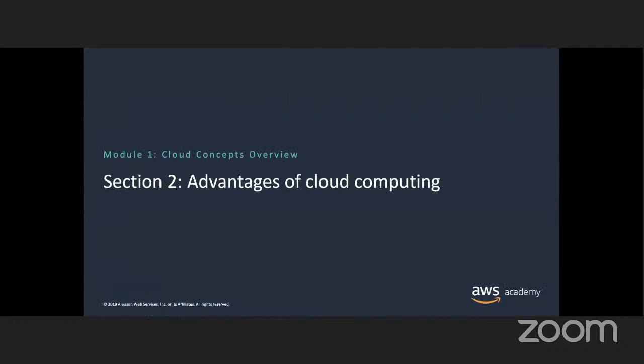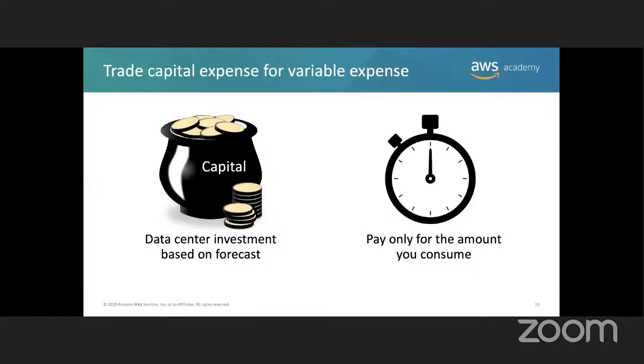That is capital expenditures. Okay. Now, you must pay for everything in the data center, whether you use it or not. Okay. There's no going around it. You have to buy that.